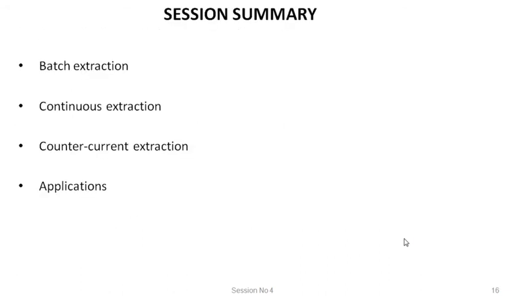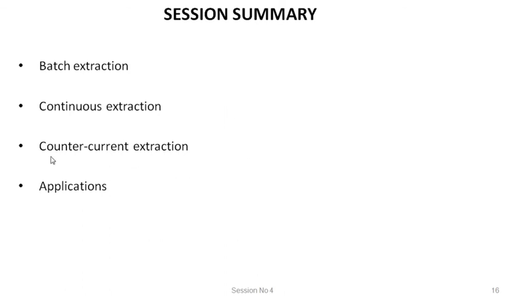To summarize the whole session, we have seen what batch extraction is. In batch extraction, the distribution coefficient should be larger. When the distribution coefficient is small, then we use continuous extraction. Continuous extraction can be done using solvents of lesser density or heavier density, so you have two types of continuous extraction methods.